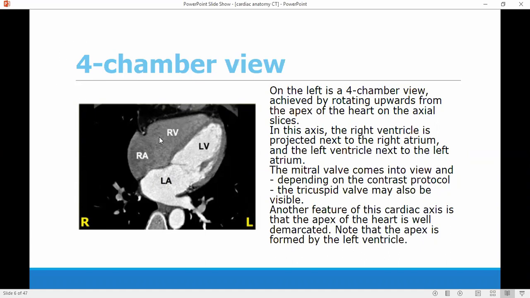This is the right ventricle, right atrium, and the left ventricle next to the left atrium. The mitral valve comes into view, and depending on the contrast protocol, the tricuspid valve may also be visible. Another feature of this cardiac axis is that the apex of the heart is well demarcated. Note that the apex is formed by the left ventricle.